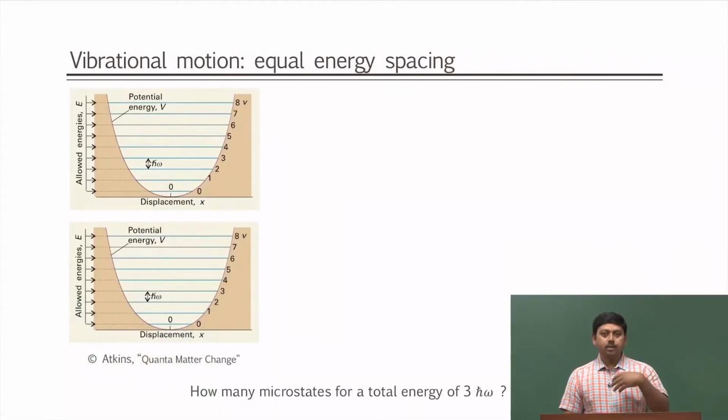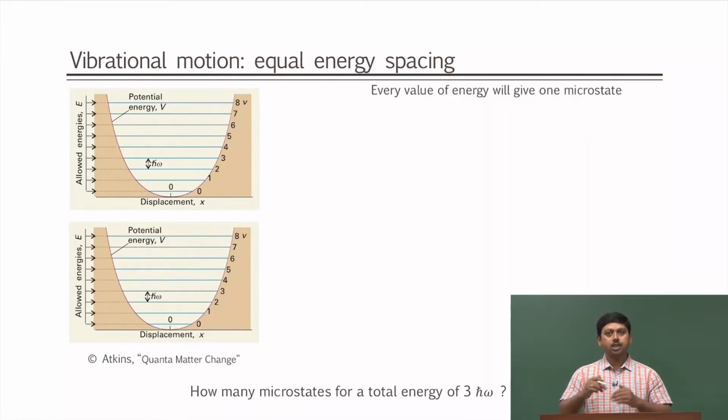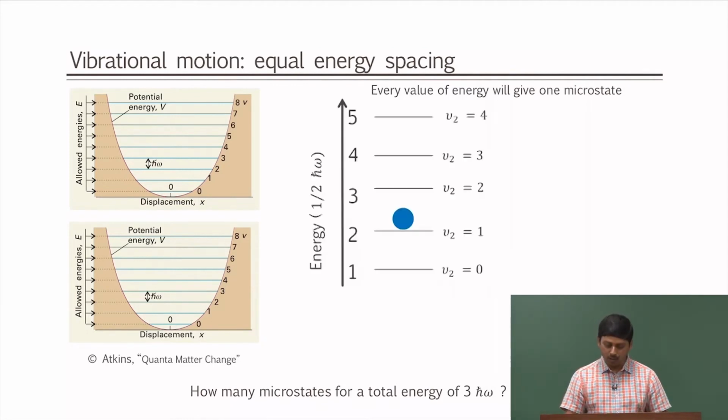So, now let us talk about 2 harmonic oscillators, like 2 particles. Each harmonic oscillator has equal spacings, just like we had discussed before, and that time, if the energy level was fixed, then the number of microstates was just 1. But now I have increased the number of particles to 2 and the number of harmonic oscillators to 2 as well.